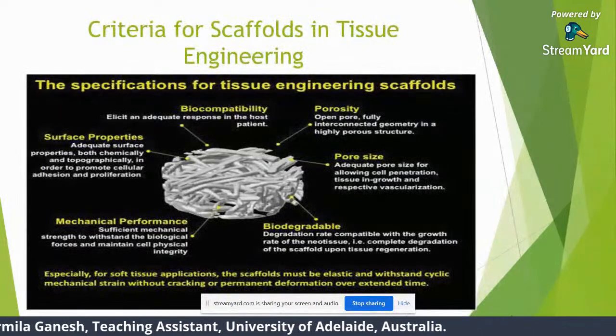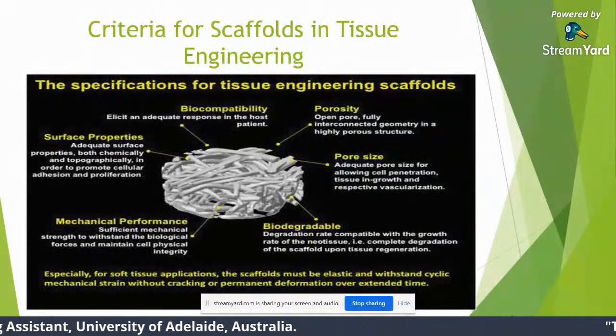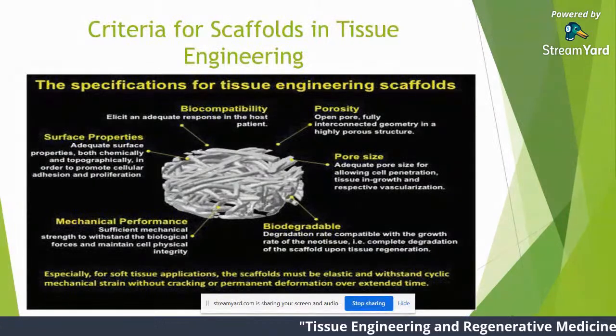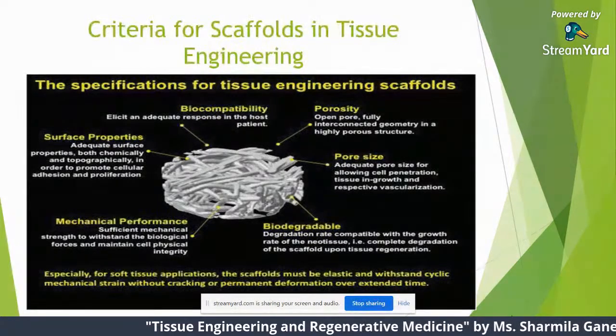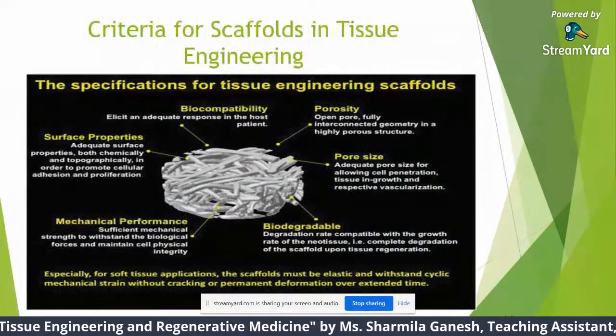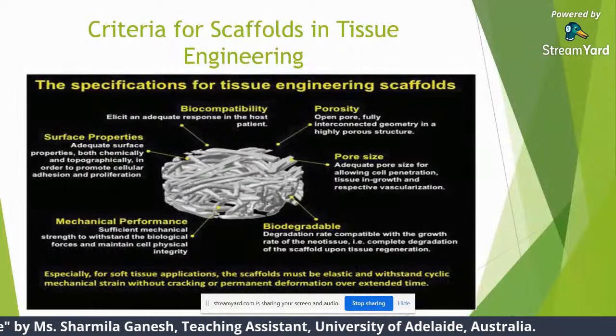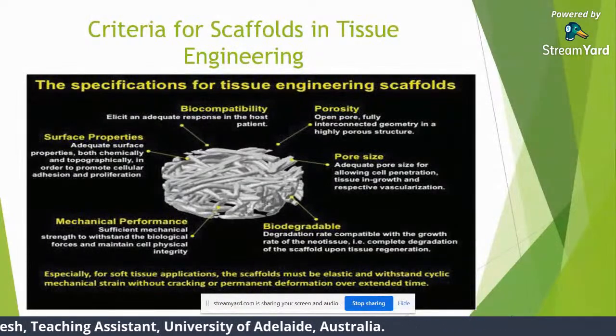There are a few criteria for scaffolds to be designed in tissue engineering, and they should be biocompatible. That is, they should elicit an adequate response in the host patient, and they should possess a good porosity.